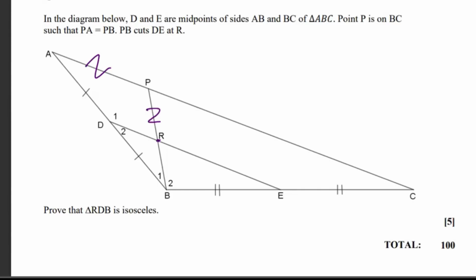Since they told us that these are midpoints, from our midpoint theorem, automatically we know that these lines are going to be parallel. So let's start by stating that DE is parallel to AC, and that is going to be the midpoint theorem.